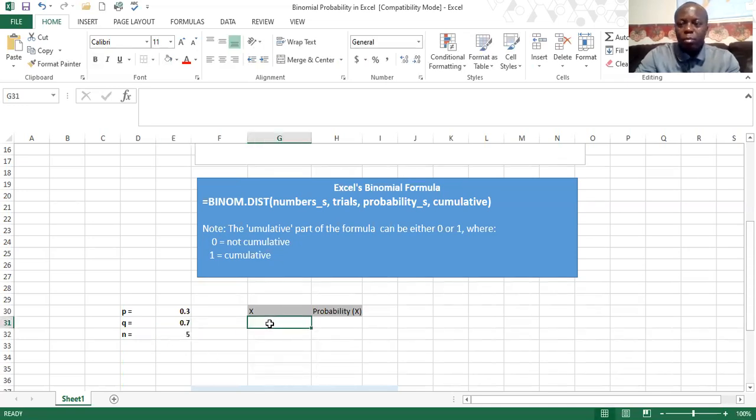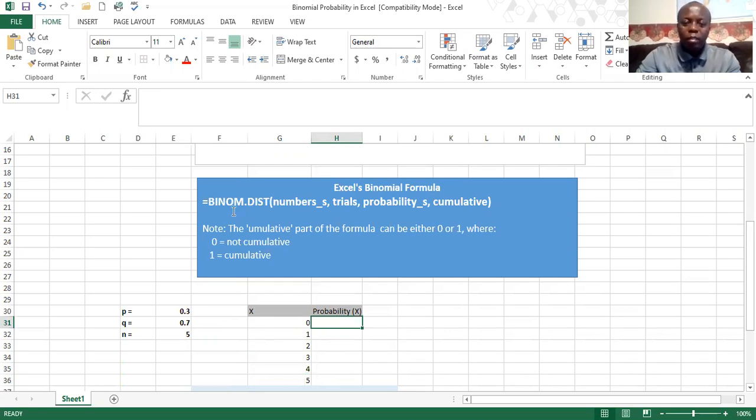So I'm going to calculate probability from 0 to 5. Then I can choose my answers from what I have on the screen: 0, 1, 2, 3, 4, 5. Let me calculate just one of them, then I can answer the questions.